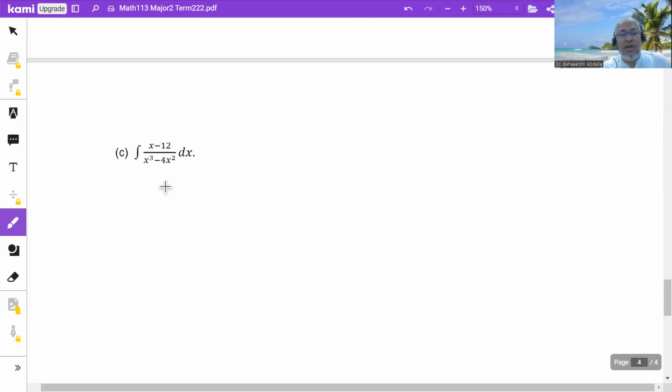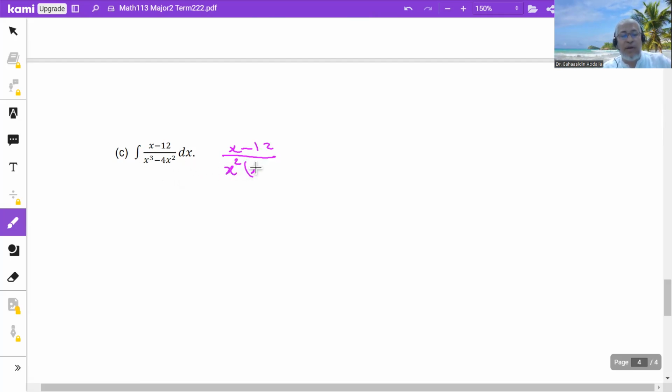Now, in this integral, I have a rational function because I have polynomial over polynomial. So I use the method of 7.4. I have to factor the denominator first. Well, I can factor the denominator by taking x squared as a common factor.